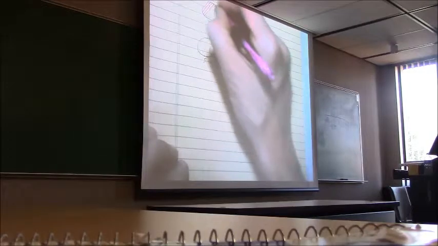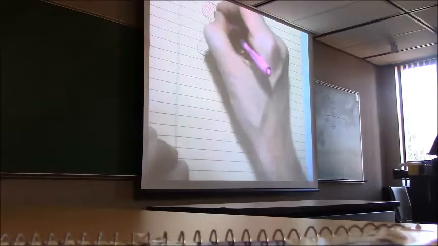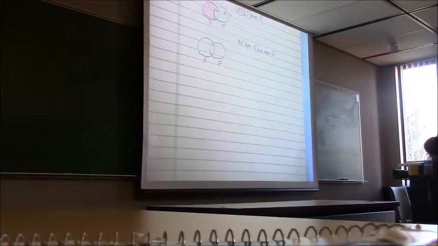Region 1. That is correct. Why do I know region 1 is empty if all S are P? Those are just the S's. It's not the S's that are the P's. And why is that empty? Because all S's are P's.